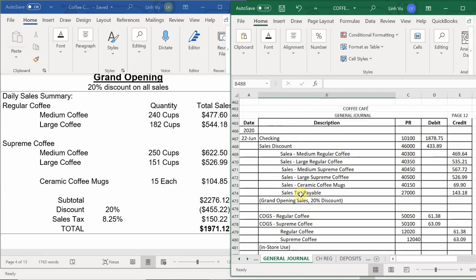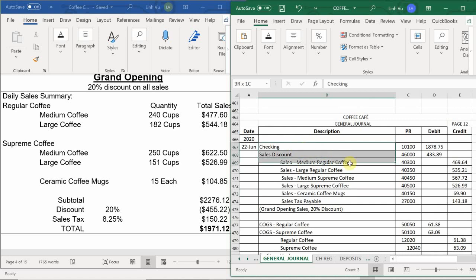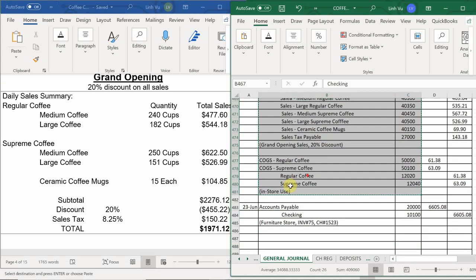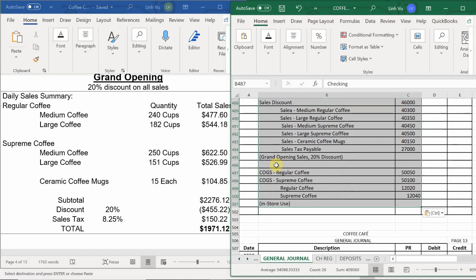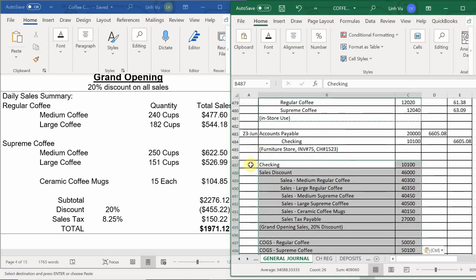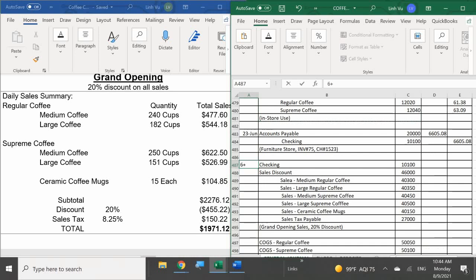I believe you have just exactly enough to copy the whole transaction over. Yep, exactly perfect, leaving only one line left behind. All right, 623.